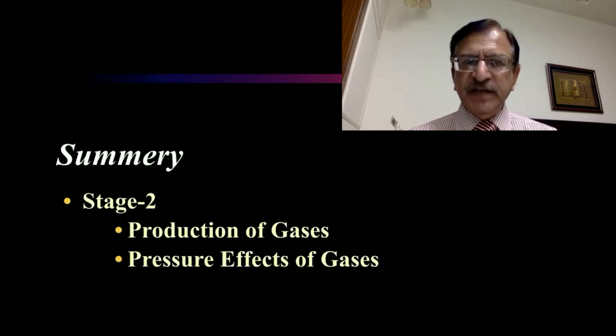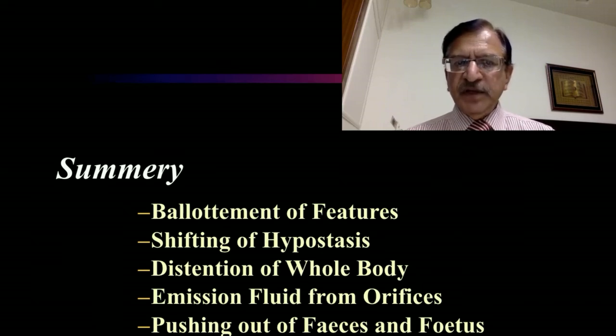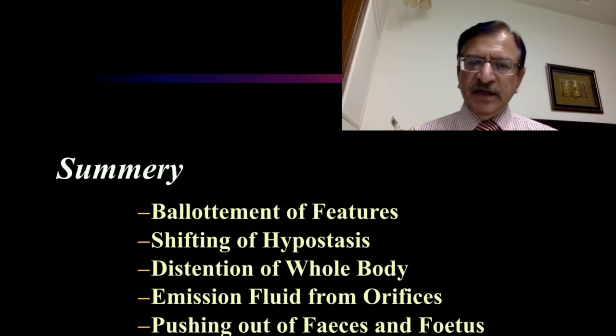So the summary of this lecture is that we have discussed stage 2 putrefaction, which is mainly concerned with production of gases and the pressure effect of these gases. And there is ballooning of facial features, shifting of hypostasis, distension of the whole body, emission of fluid from the orifices, and it also causes pushing of the feces and the fetus from the uterus.